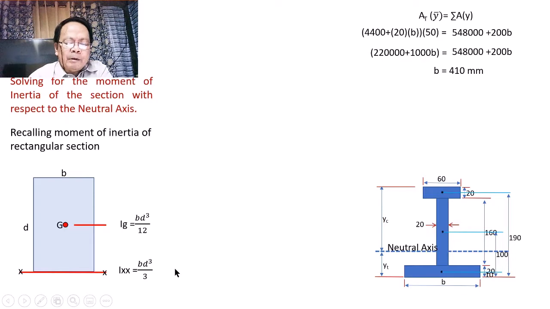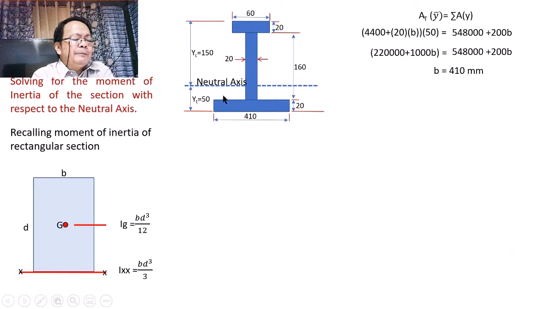Kasi kung mapapansin natin, bagamat ang section natin ay in the form of unsymmetrical beam, that is parang inverted T siya, di ba? So we can now use this concept in determining the moments of inertia of this section. Ipakita ko dito yan. Okay, nilipat ko lang.